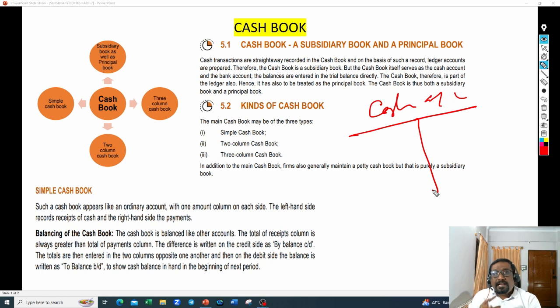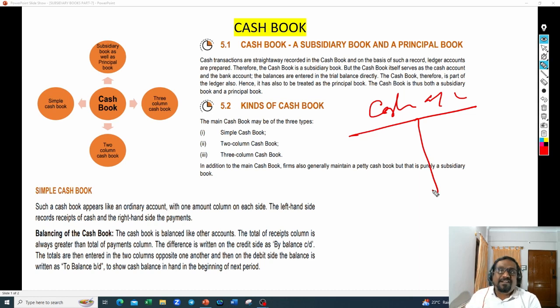That means cash account balances will be extracted and kept in the trial balance for the purpose of preparing the profit and loss account and balance sheet. This is what we discussed in the ledger. Similarly, the cash book also looks like a cash account, so the cash book balance can be directly taken and kept in the trial balance.